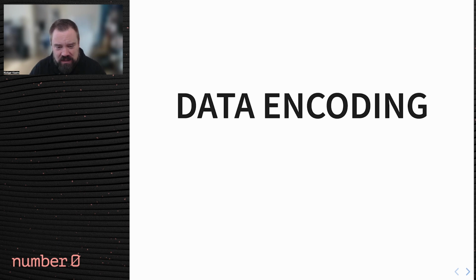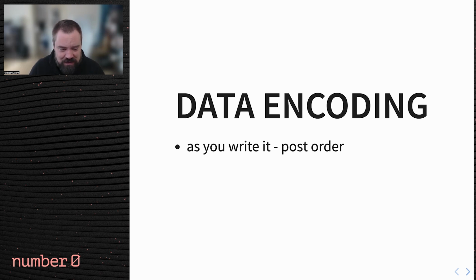Now let's take a look at how the data encoding works. As you can imagine, as you write the tree, you will always first write the data chunks, and then whenever you have a new data chunk, you will be able to compute the hash. Whenever you have two new data chunks, you'll be able to compute a parent hash, and so on. So it's very natural in the way that hashing works that you'll be able to compute the parent nodes only once you got the child nodes.